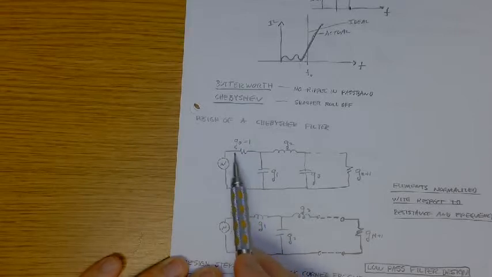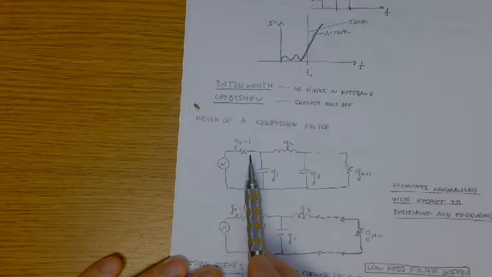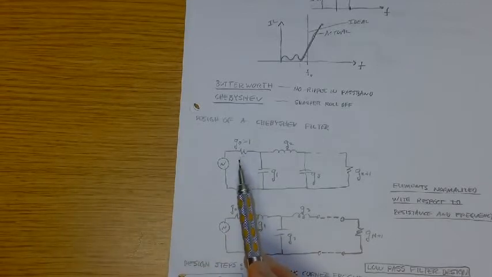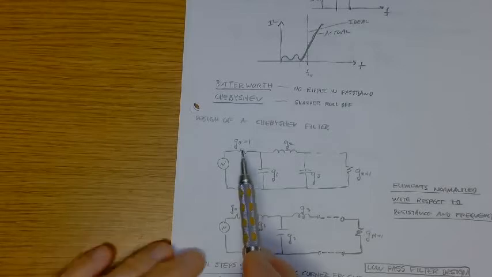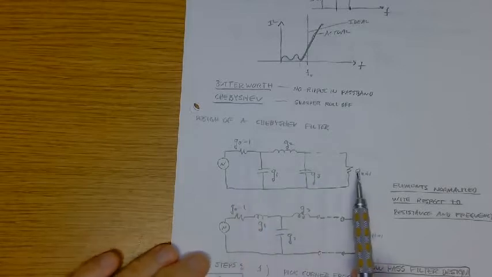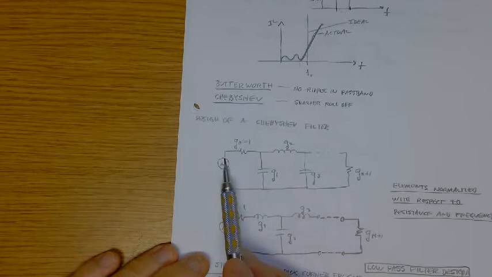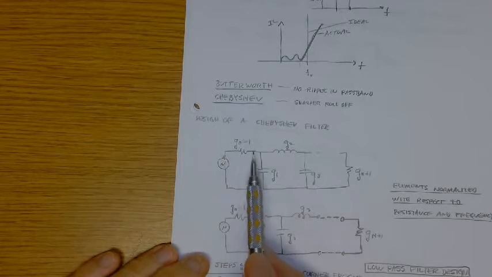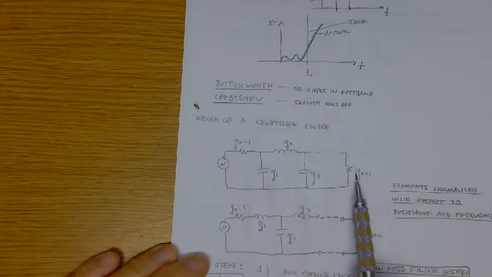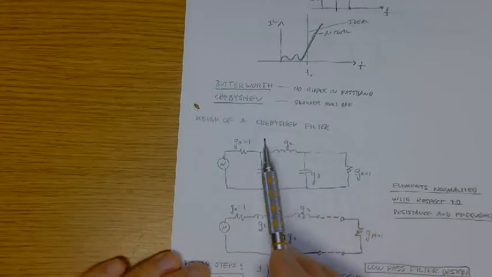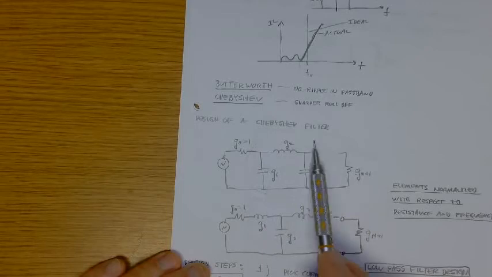Throughout these design examples that Sue does in the text, and the ones that I'm going to work through here, this is going to be 50 ohms. So the internal impedance of your generator is assumed to be 50 ohms, and the load is assumed to be 50 ohms. And here's your filter that you're going to be designing.